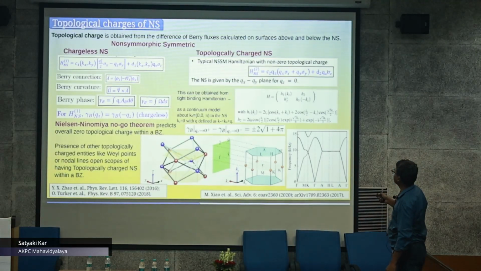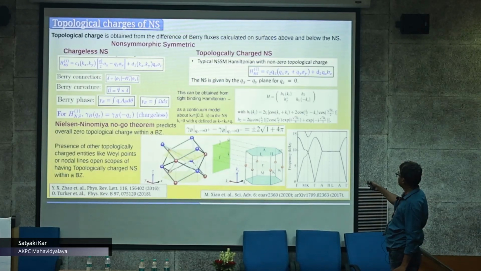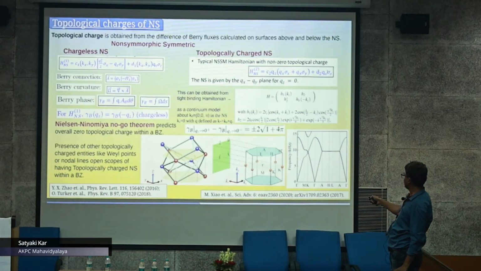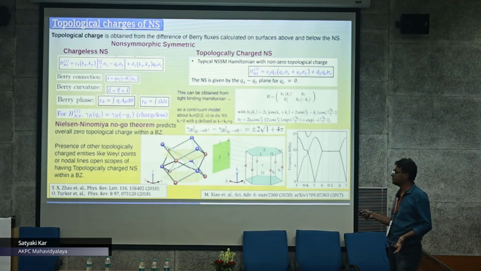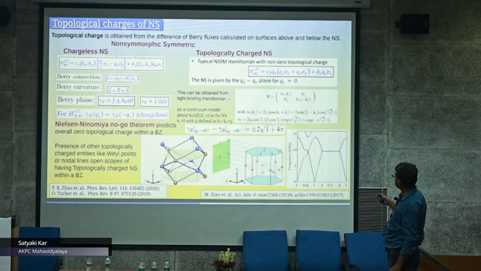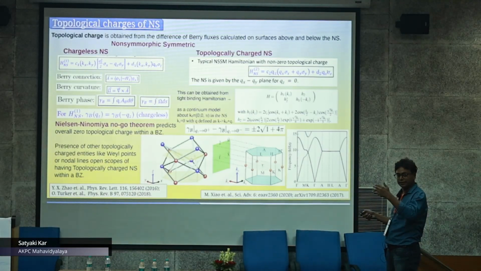You can have a different kind of topological charge, which these people have studied, where they considered this continuum Hamiltonian. This is basically coming from this tight binding Hamiltonian, where they have studied it in acoustic metamaterials. There you can do a similar construction of the Berry fluxes, calculating above and below the surface.